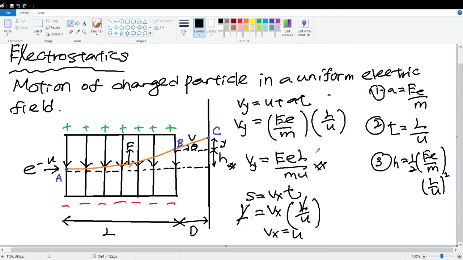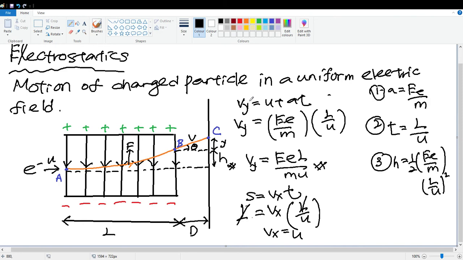So this one is the acceleration, and this one is the time taken. I think this is the answer for the vertical velocity and the horizontal velocity. So I repeat again.